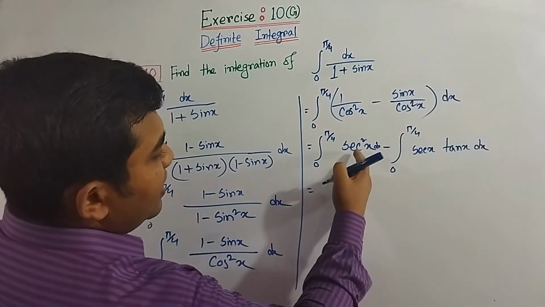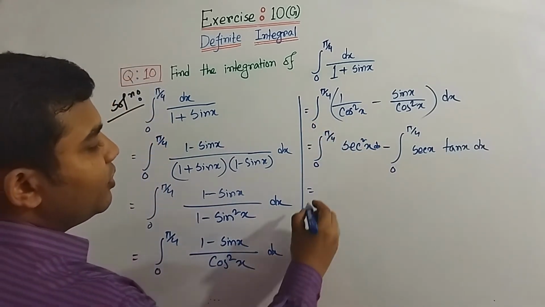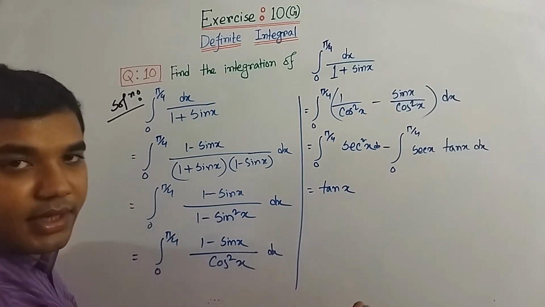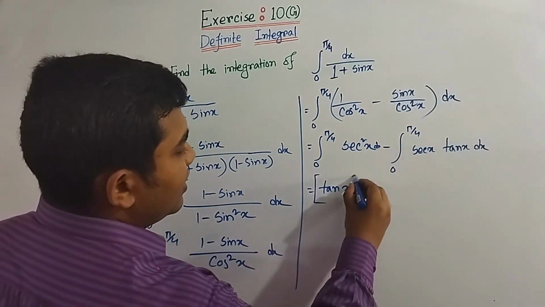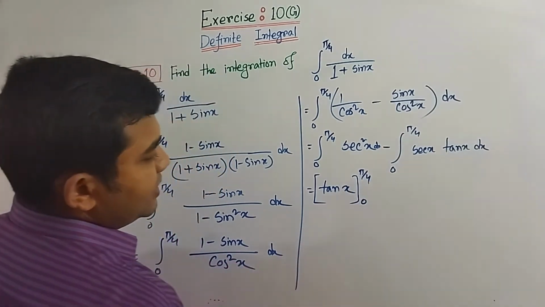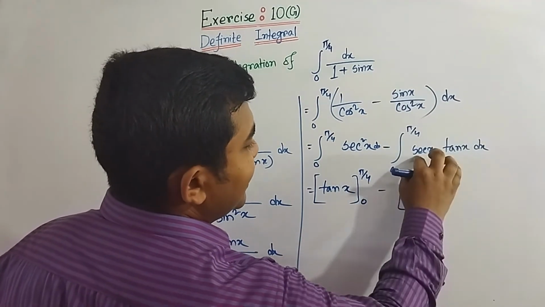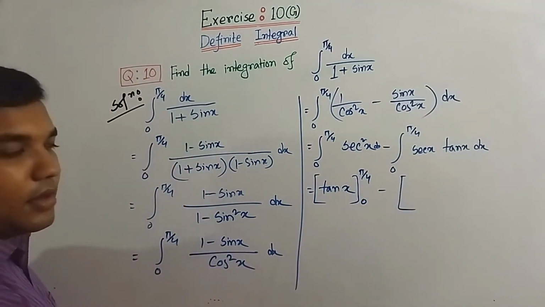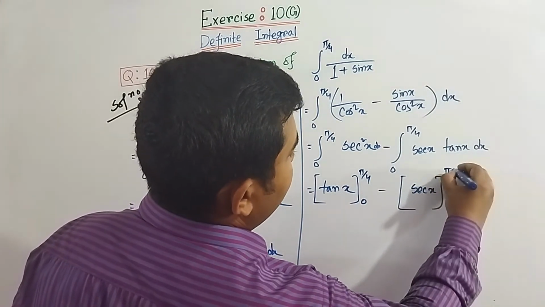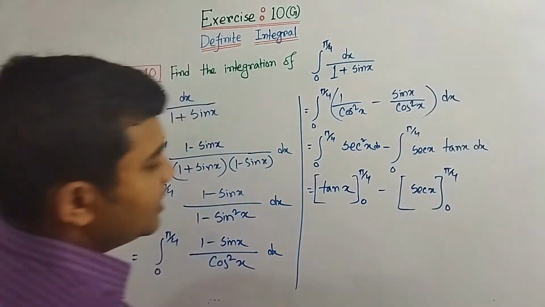Now sec square x dx, if we integrate it, we will get tan x, and when integration is done, we will go for the third bracket and write minus, sec x into tan x integrates to exactly sec x, and the limits are pi by 4 and 0.